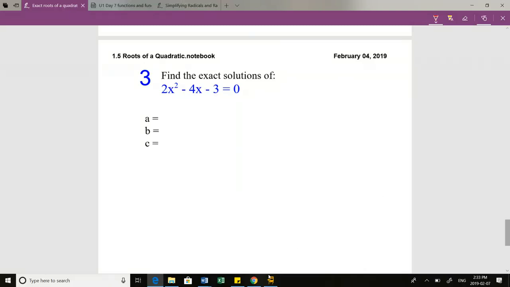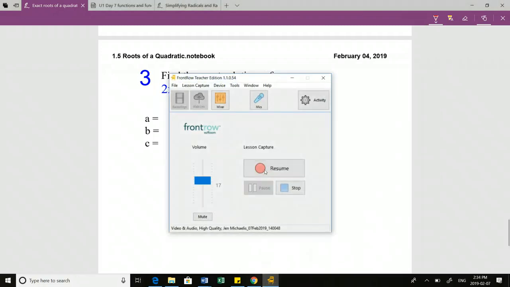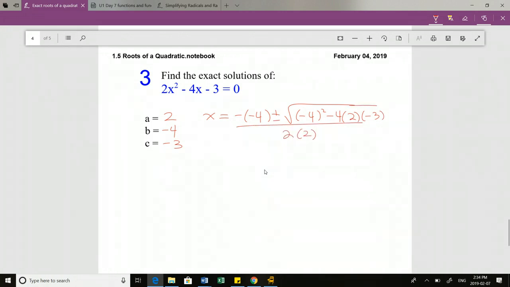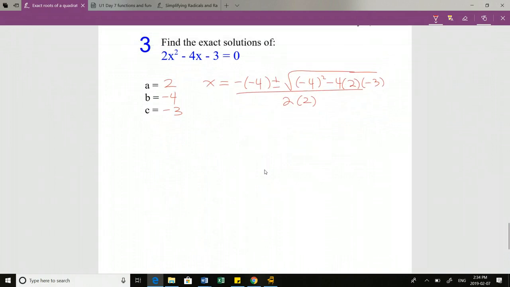Pause this. Okay, check your work as you go with mine.